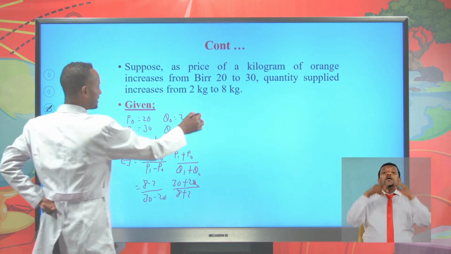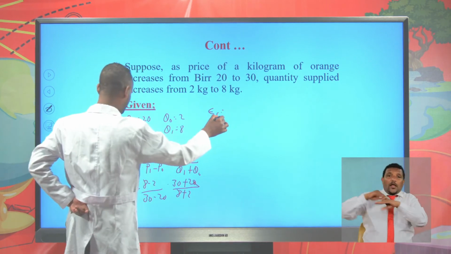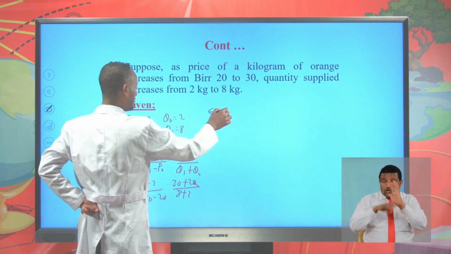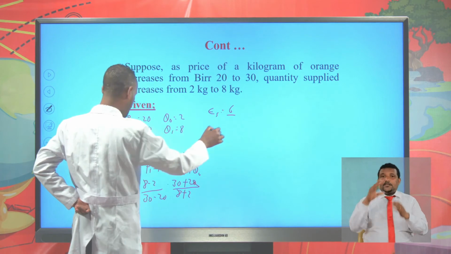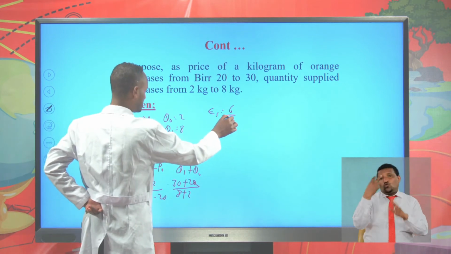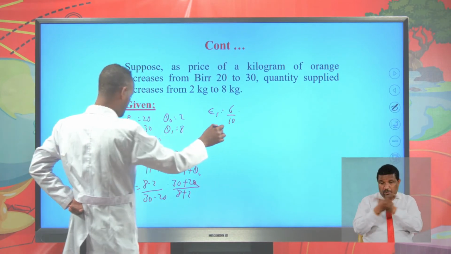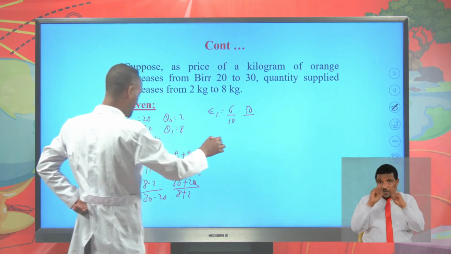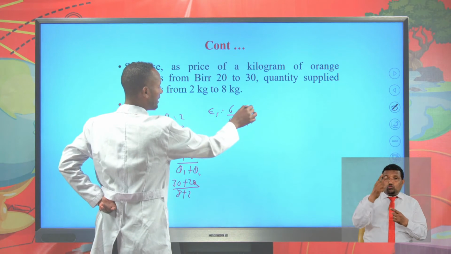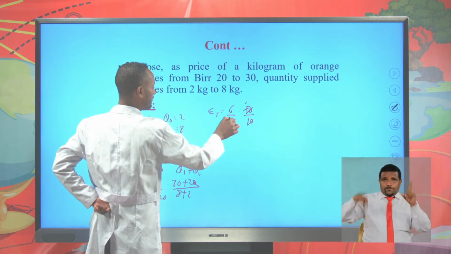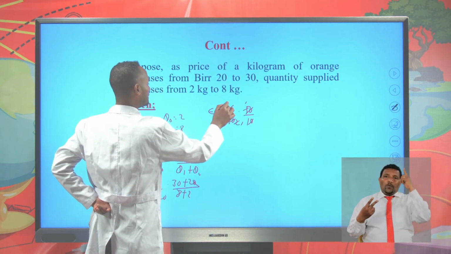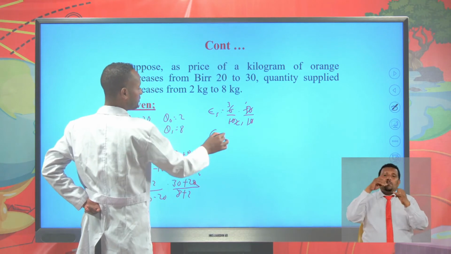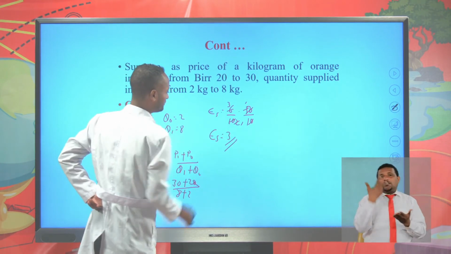Now the price elasticity of supply will be 8 minus 2, which is 6, divided by 30 minus 20, which is 10, multiplied by 30 plus 20, which is 50, divided by 8 plus 2, which is 10. When we cancel 0 by 0, 5 by 5, and 2 by 2, the price elasticity of supply is 3.